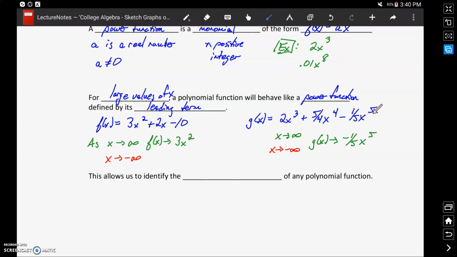So this polynomial was written out of order. We still want to make sure we're identifying the term with the highest power, and that becomes our leading term.